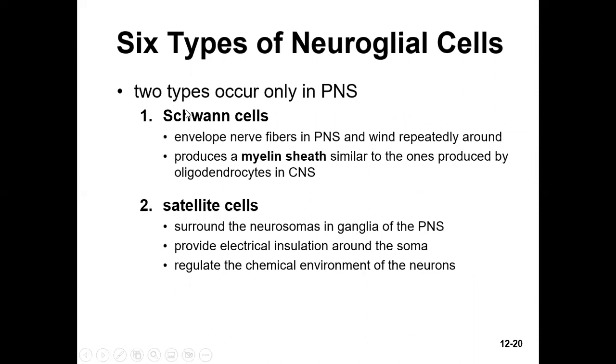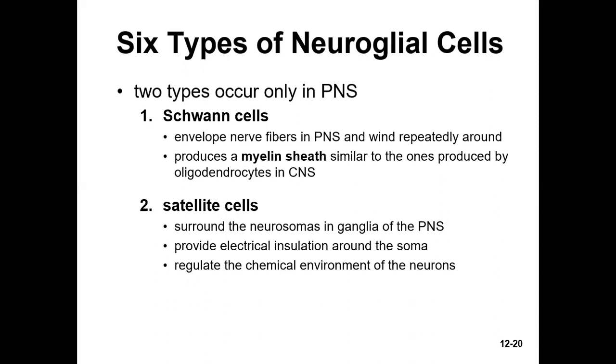The two types of neuroglial cells that we're going to find in the PNS then are Schwann cells and satellite cells. So Schwann cells will envelop the nerve fiber and wind around it repeatedly.